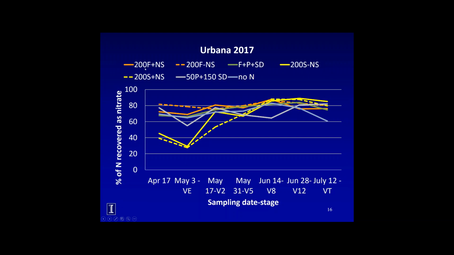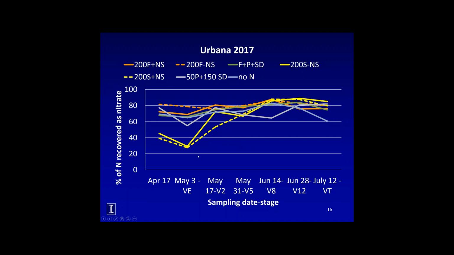This is 200 pounds of anhydrous ammonia in the fall with N-Serve, 200 pounds without N-Serve, 100 pounds in the fall plus 50 at planting plus 50 at side dress, 200 pounds of anhydrous ammonia in the spring with and without N-Serve, then 50 at planting and 150 at side dress, and we put one in with no nitrogen. Now this is not amount, this is percent of what we recover that's in the nitrate form.